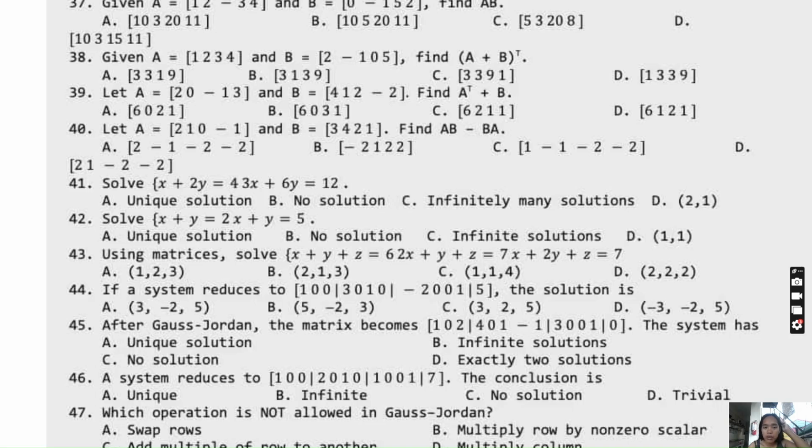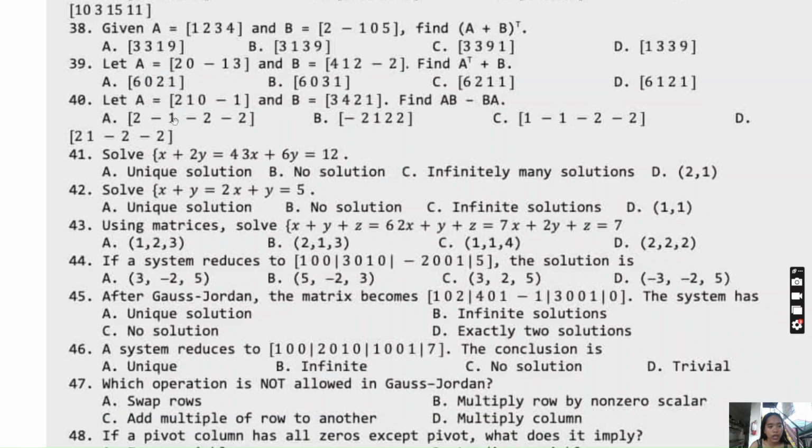Our AB must be letter A again, which is 3 3 3 1 9. So that is our answer.